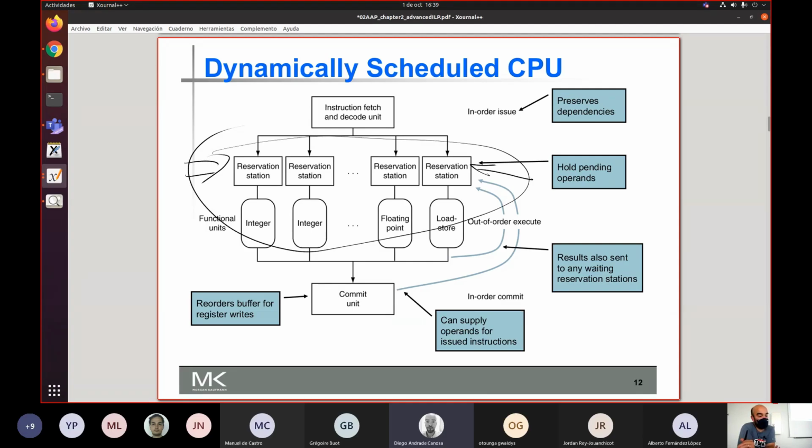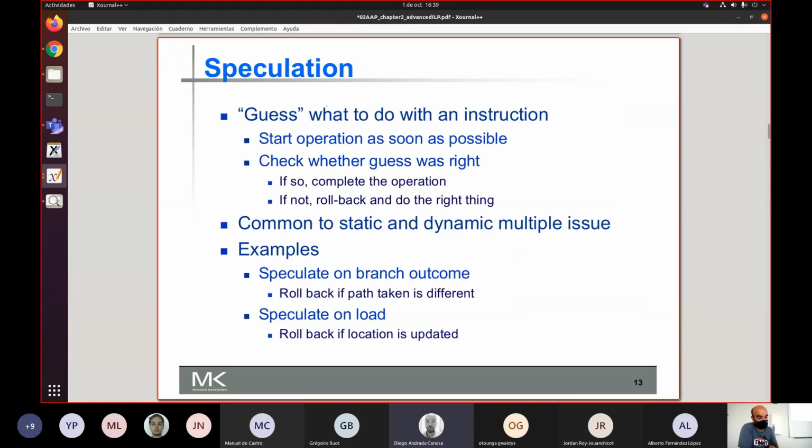another important piece of engineering that is required to make this work is speculation, okay? Speculation is a normal word, a regular word in the dictionary. That means that you try to guess what is happening in the future.